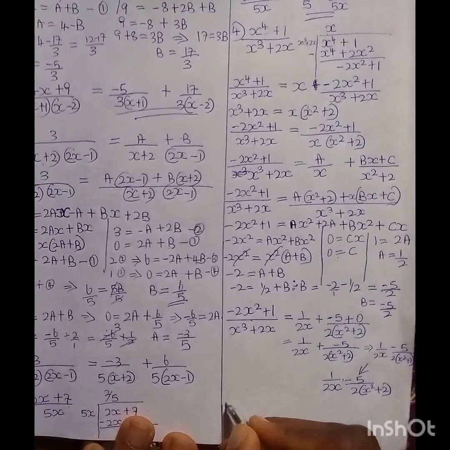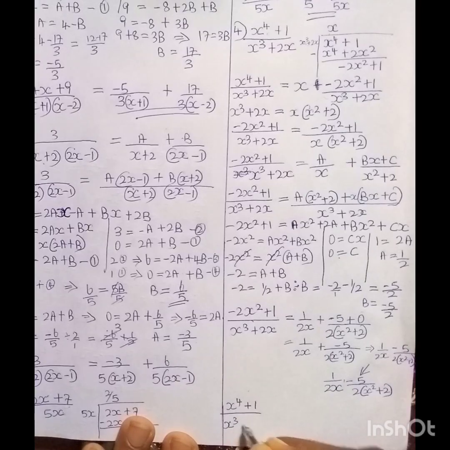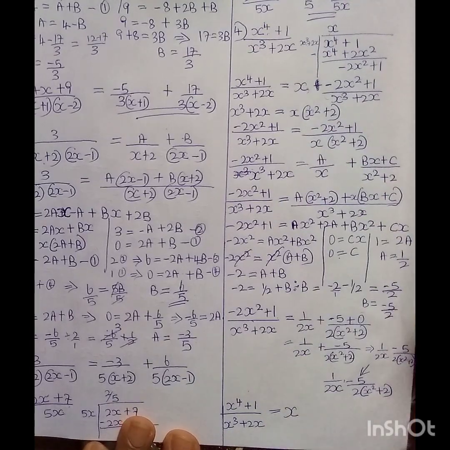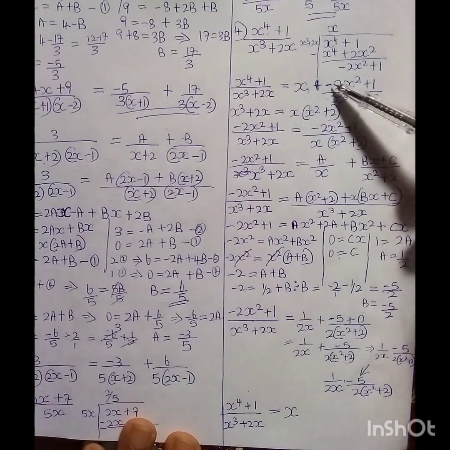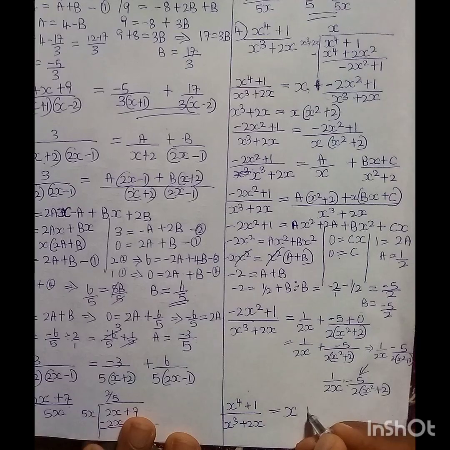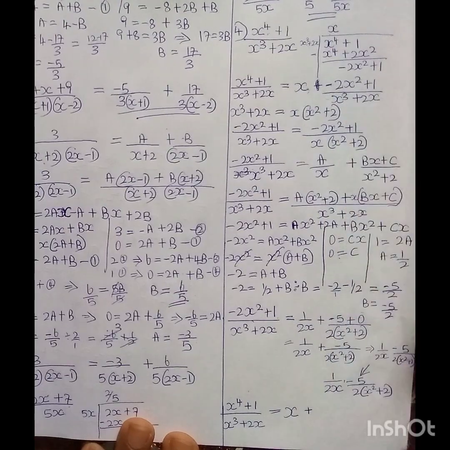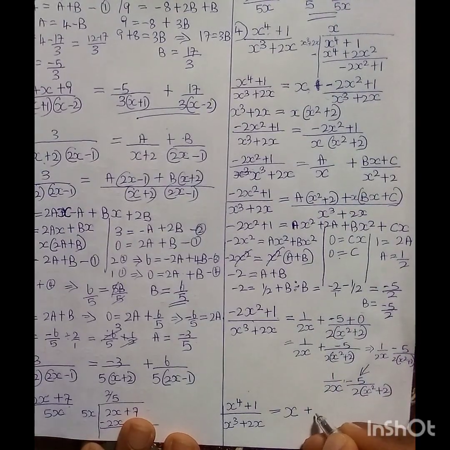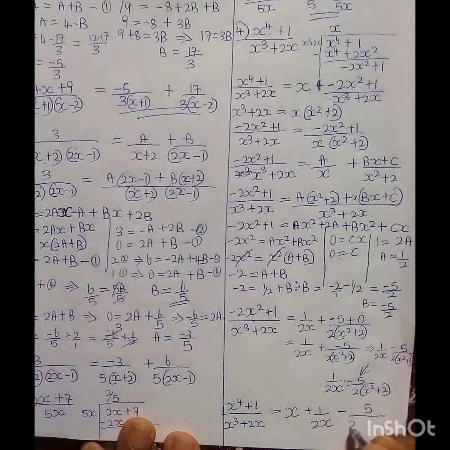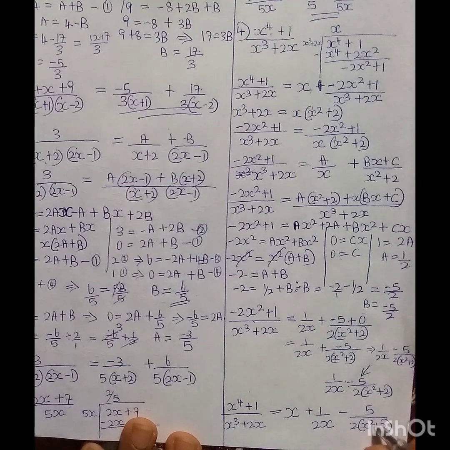So finally, x raised to power 4 plus 1 over x cubed plus 2x is equal to x, this x here, plus 1 over 2x minus 5 over 2 brackets x squared plus 2.